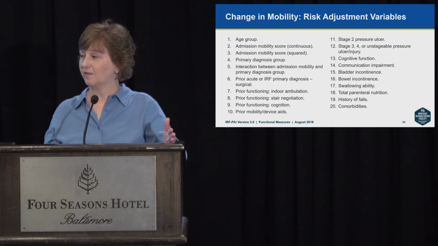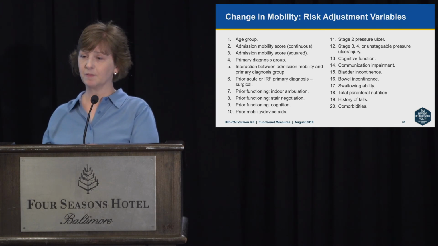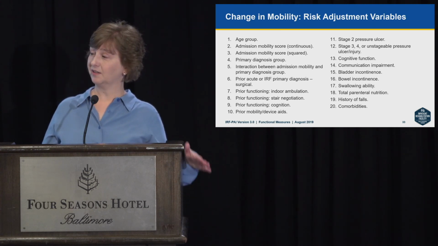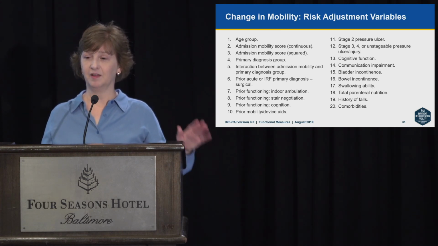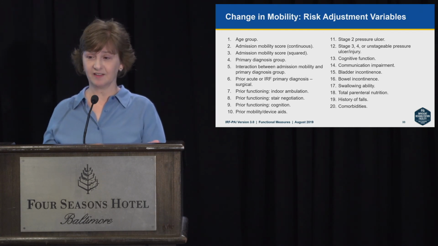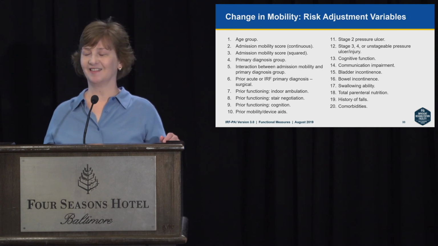In our analyses, we found history of falls was related to the change in mobility score, but it was not related to change in self-care. So that's included in this particular risk adjustment model, but it was not included in the self-care model. So there are differences, but as you can probably remember, many of these are similar.